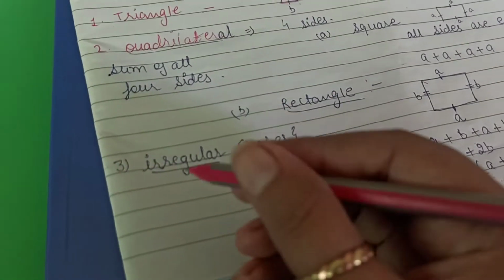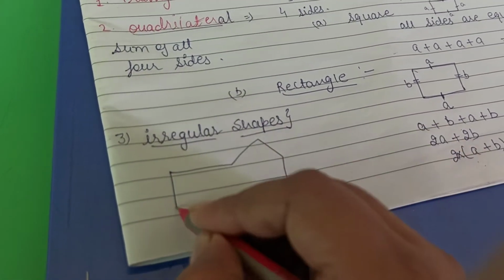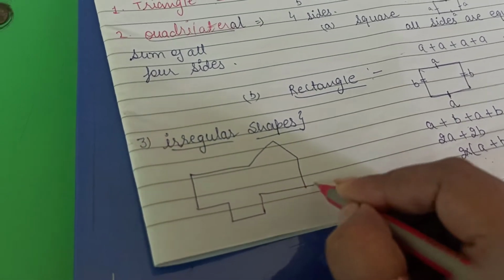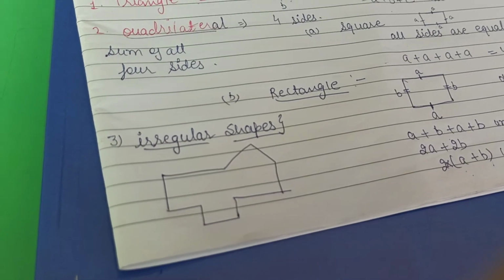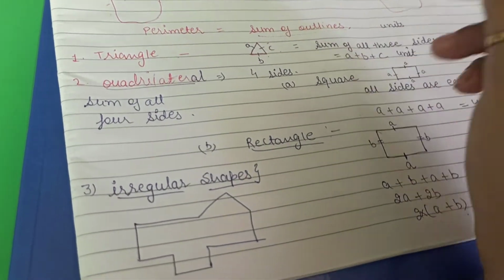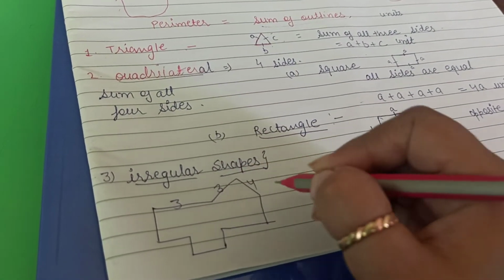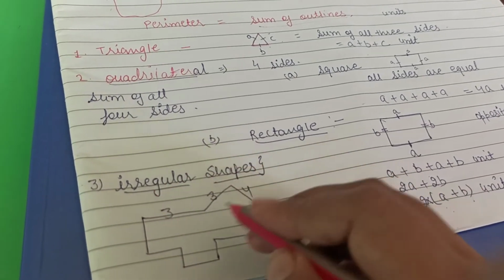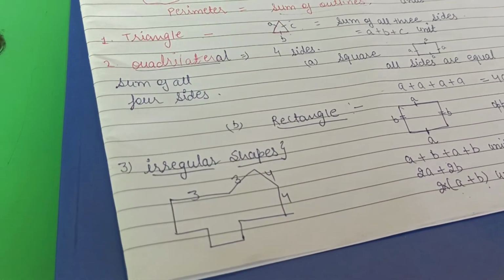See, one example. If I make a shape like this, then you will find the perimeter of this shape. Again, same as the definition, sum of the outline. You will just add the given sides, these length units, and find the perimeter of this irregular shape.